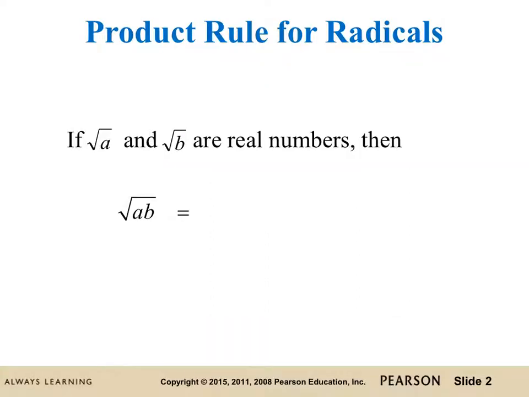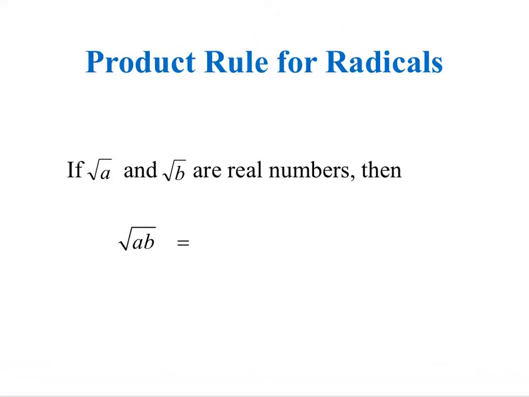So the first thing that we're going to look at is called the product rule for radicals. And the product rule basically states that if you have the square root of a and the square root of b that are real numbers, then you can actually find the square root of a times b by separately taking the square root of a and the square root of b and multiplying those together.